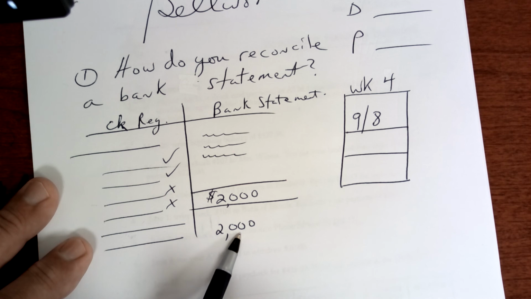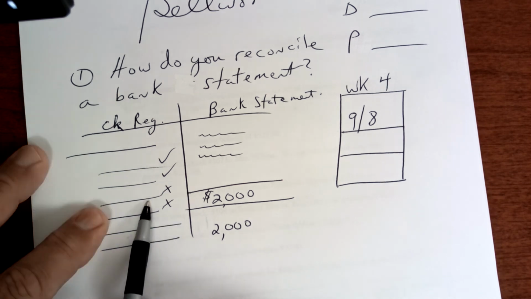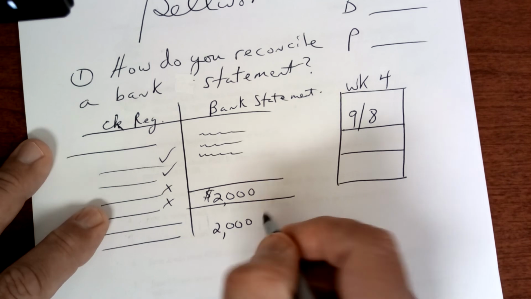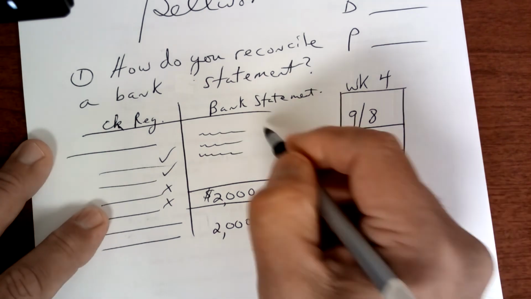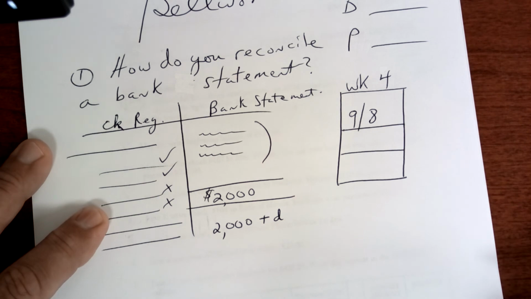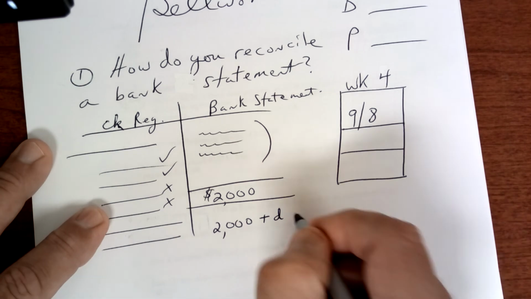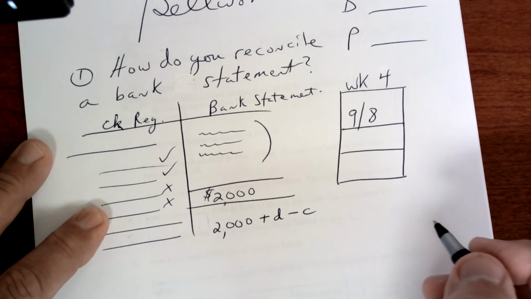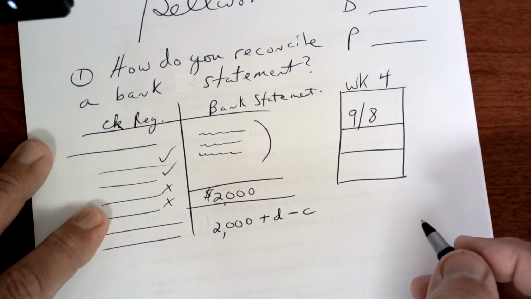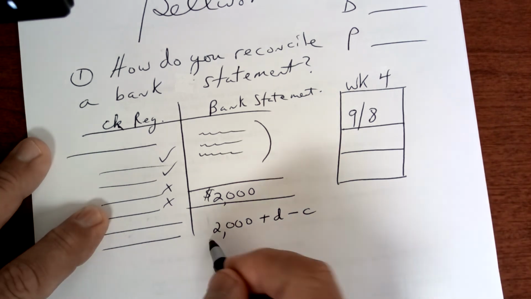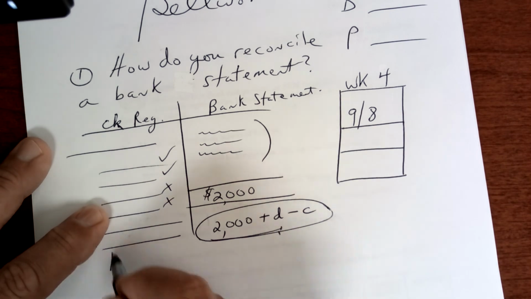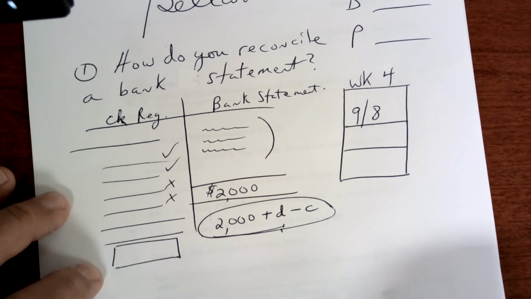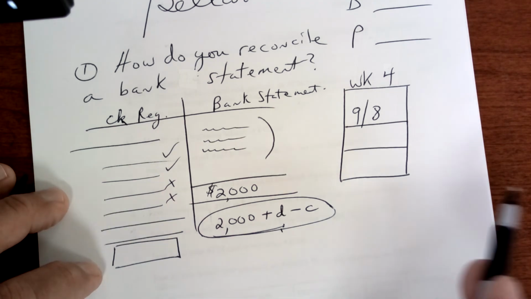So if it's a deposit, you would have to add all your deposits that did not show up on the bank statement. If it's a check, you would have to subtract all the checks that did not show up on the bank statement. And when it's all said and done, this number here should match the number that you have in your check register. And that's how you reconcile a bank statement.